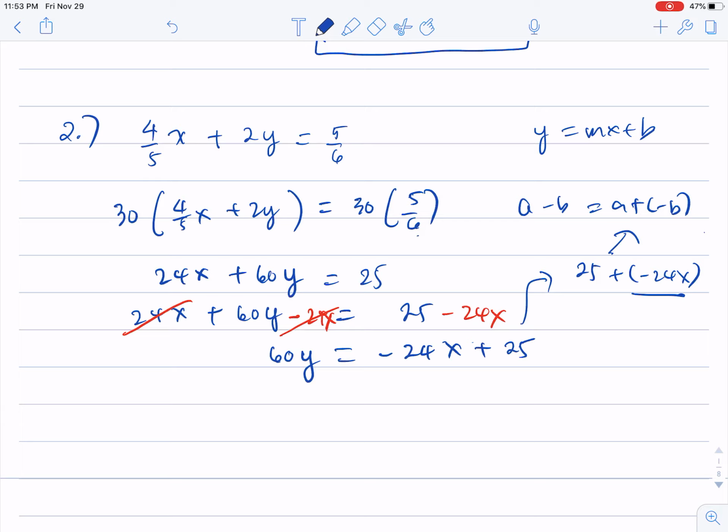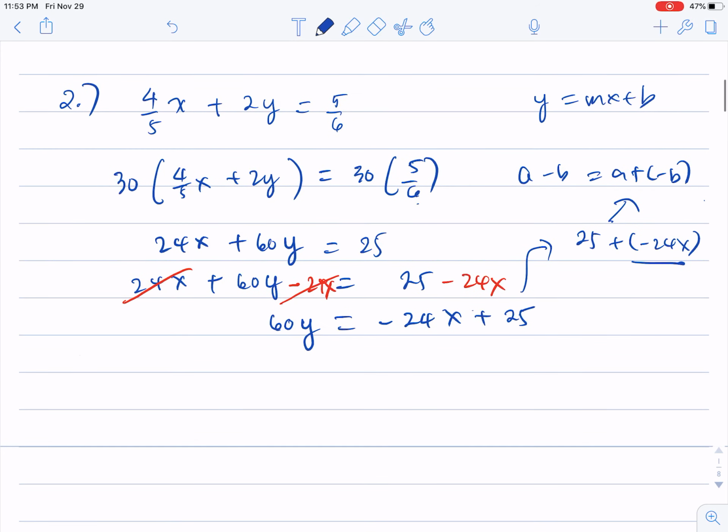No? And then, we divide both sides by 60, or another way of doing that is multiplying both sides by 1 over 60. So, divide by 60 is the same as multiplying by 1 over 60. The reciprocal, di ba? Okay.